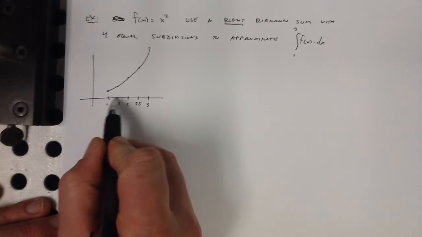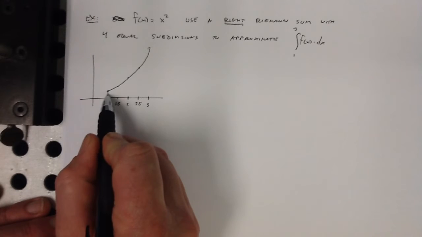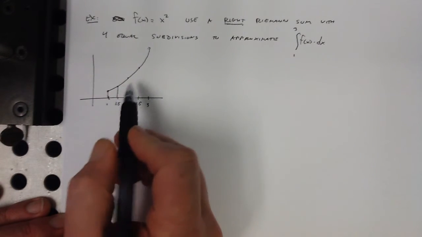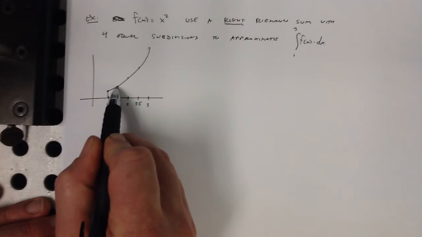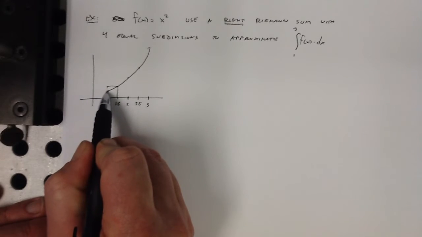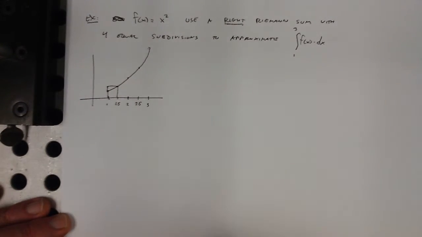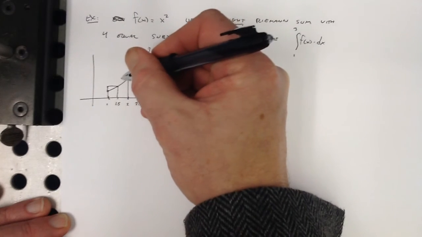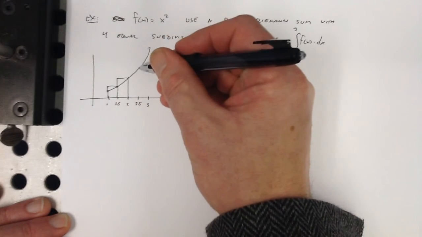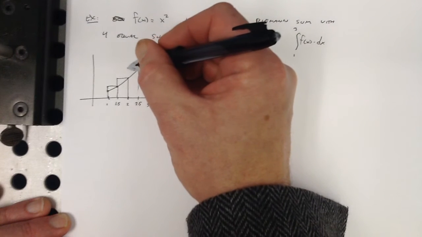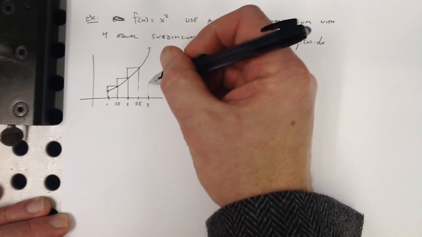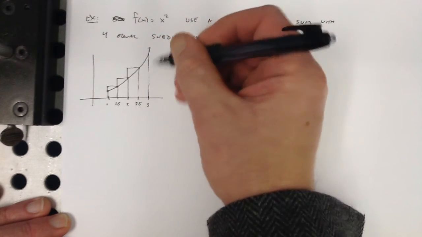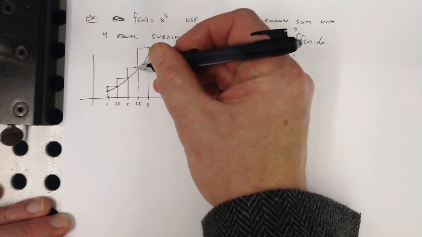So in the interval from 1 to 1.5, in that subinterval, I'm going to pick the right-hand edge to be my height. Likewise here, I'm going to pick the right edge, the right edge, and the right edge.